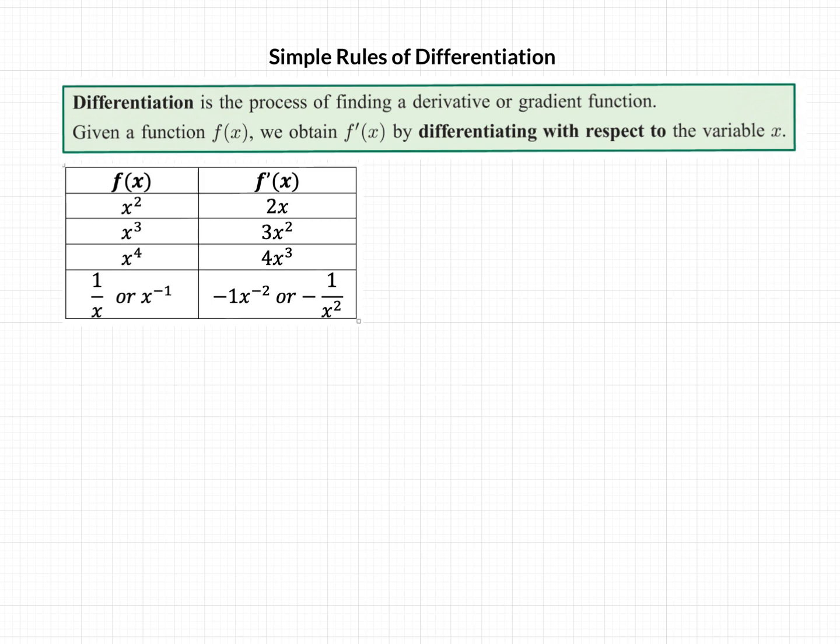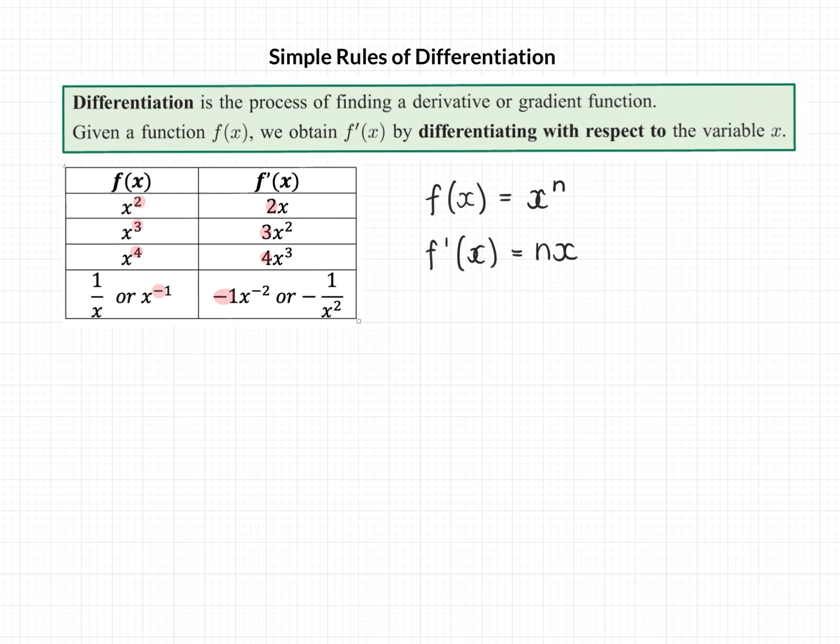So what we can state, in general terms, is that if f(x) is equal to x to the power of n, then the derivative is equal to, if we just look at these numbers, squared 2, cubed 3, 4 to 4, negative 1 to negative 1, nx.